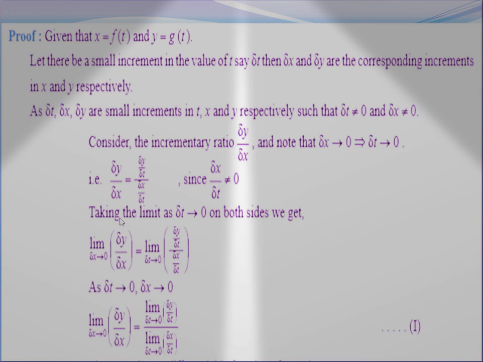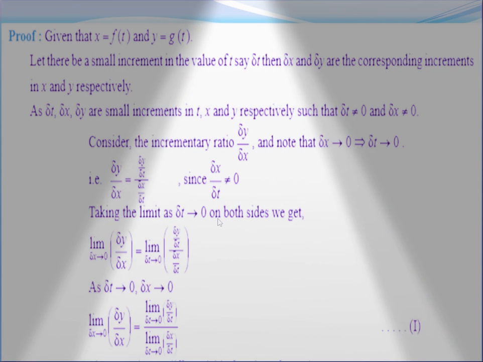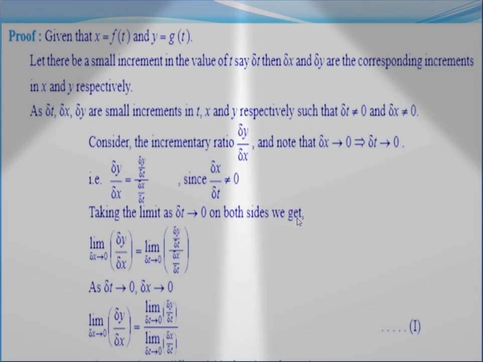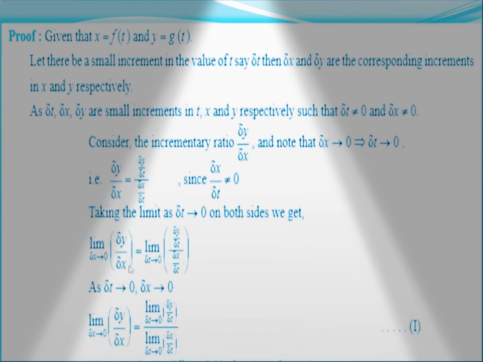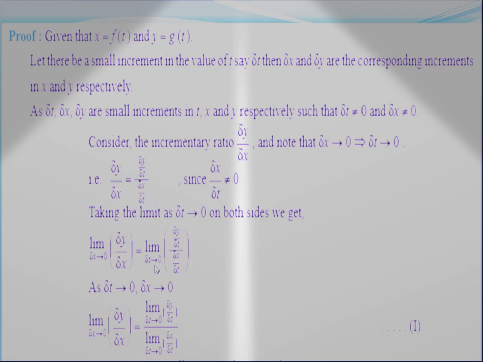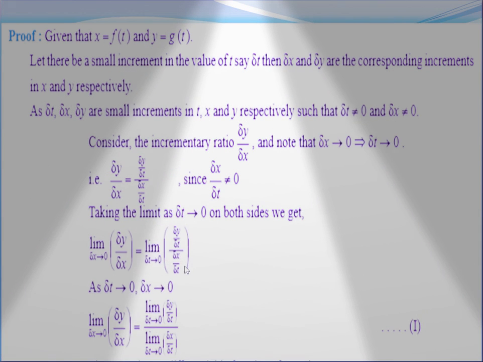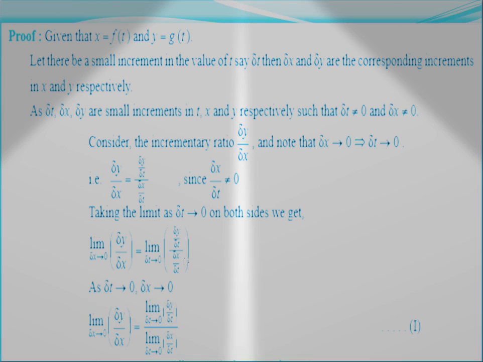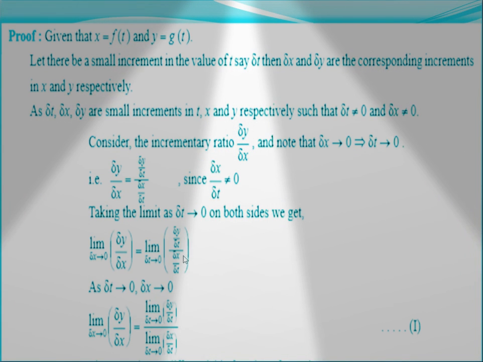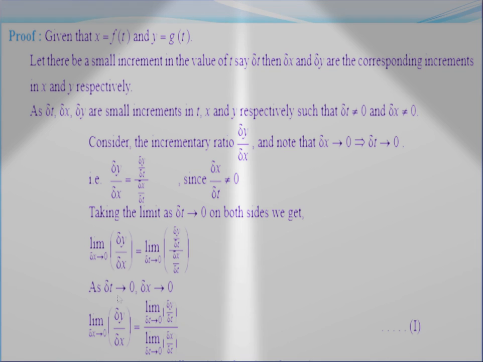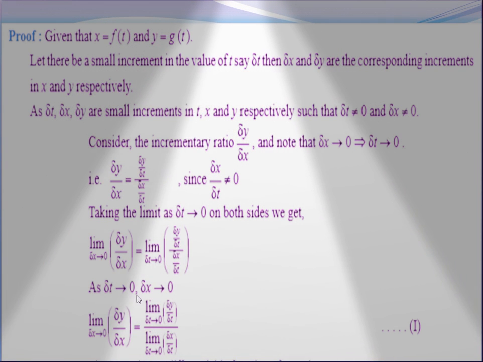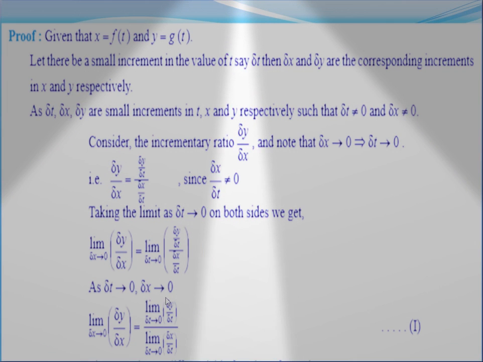Now taking the limit as delta t tends to 0 on both sides, we get limit delta t tends to 0 of delta y upon delta x is equal to limit delta t tends to 0 of delta y upon delta t upon delta x upon delta t. As delta t tends to 0, delta x also tends to 0.